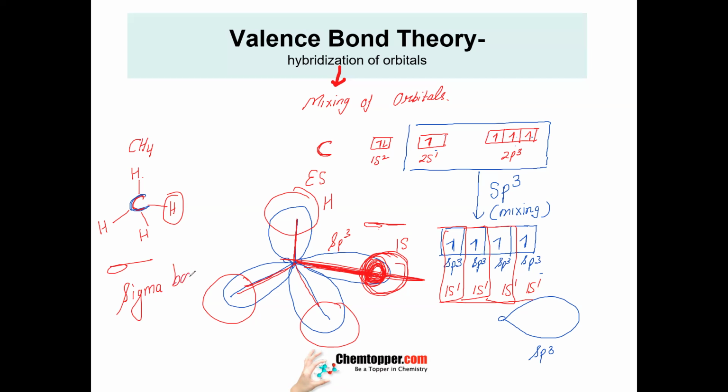It's very strong, and it is formed by overlapping of the orbitals on the axis.